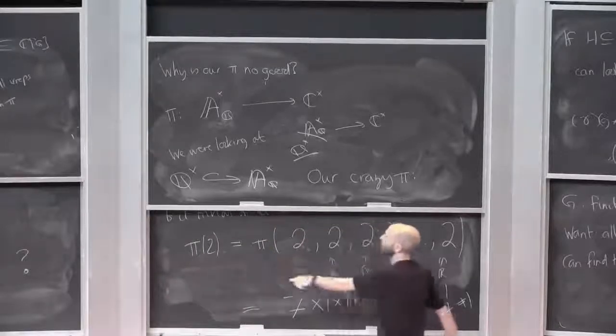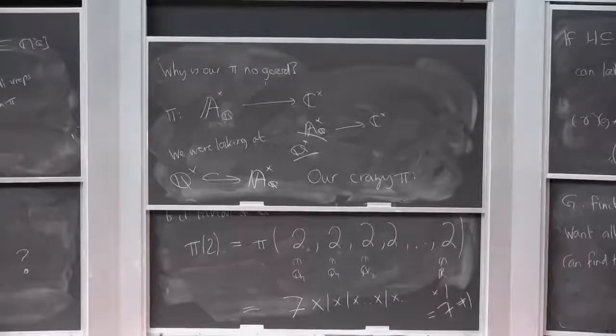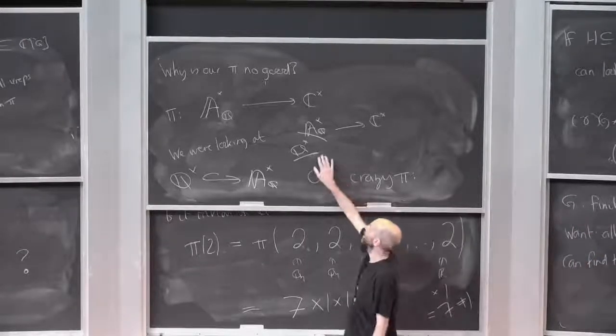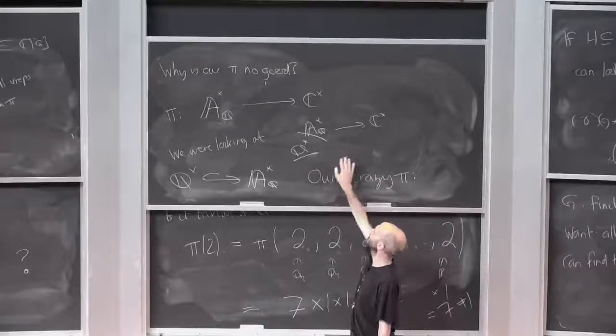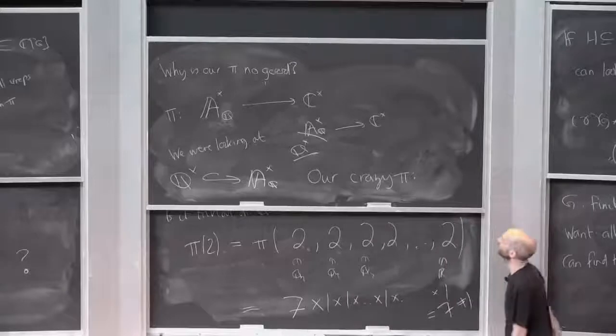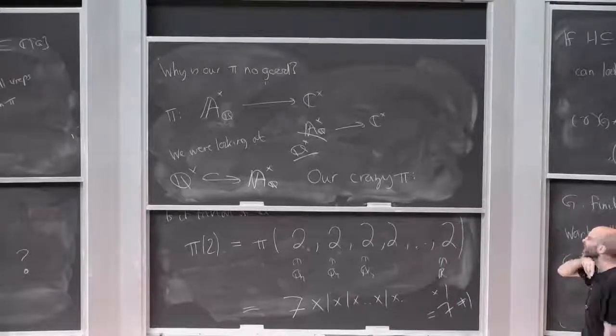When we ignored GL1 of Q, we could do anything, and it didn't work at all well, right? And when we put in GL1 of Q, we looked at characters which were actually constant on Q star, and then all of a sudden, we had some complicated theorem of Weil.